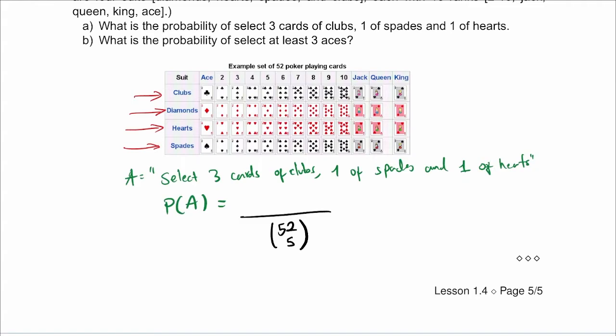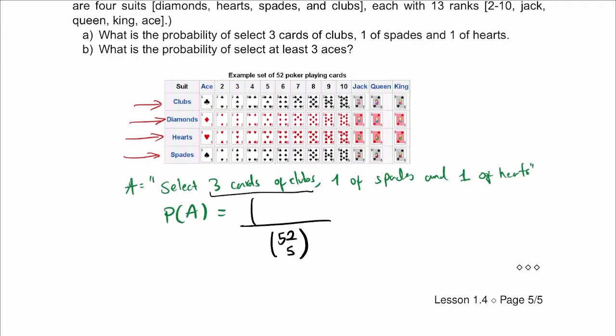And for the numerator, we are going to see the number of outcomes of interest. The number of outcomes in which 3 cards of clubs are selected. Well, we have 13 cards of clubs, and we want to pick 3 of them. This is for clubs. From spades, we have 13, and we want to pick just 1 of them. Same for hearts, 13, we're picking just 1.